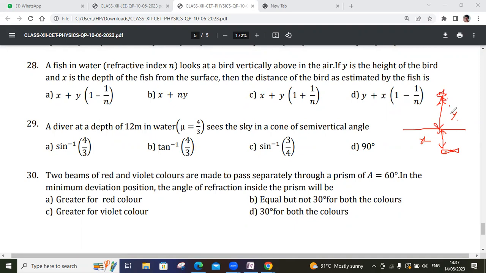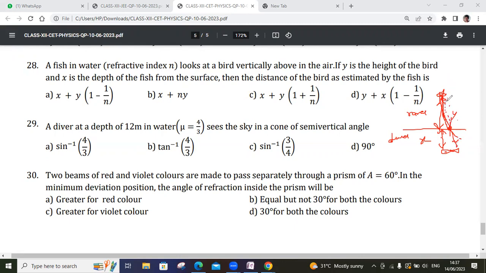Now the distance of the bird as estimated by the fish. For that, a light ray from the bird should come and hit the eye of the fish. This is rarer because it is air, and this is water, so this is denser. When the light ray comes from rarer to denser, it bends towards the normal. So before coming to the eye of the fish, it bends like this.